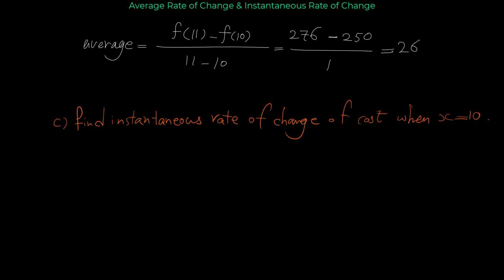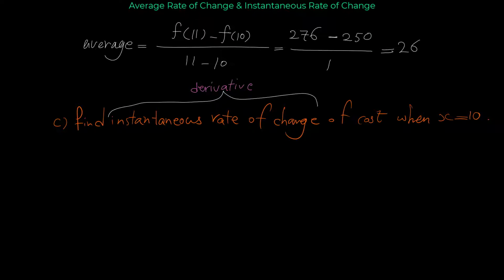Now we are asked to find the instantaneous rate of change of the cost when x equals 10. Whenever you hear instantaneous rate of change, you have to think of it as derivative, because derivative has different interpretations.